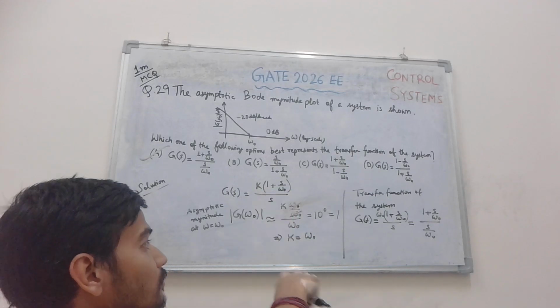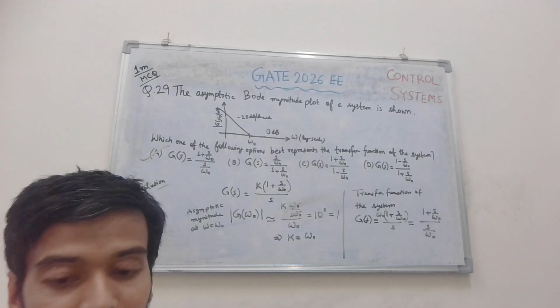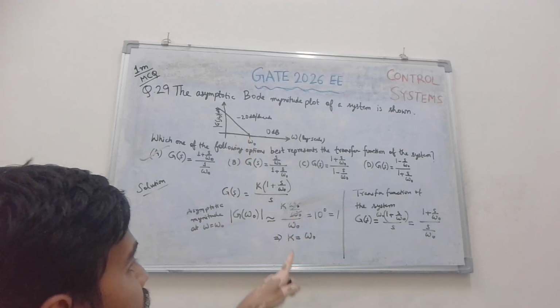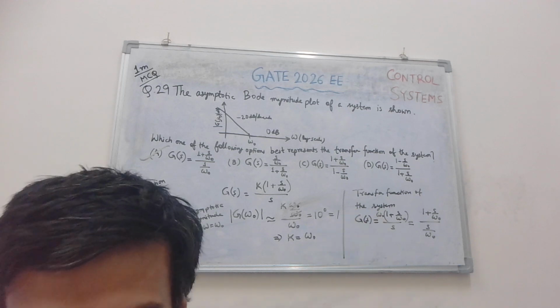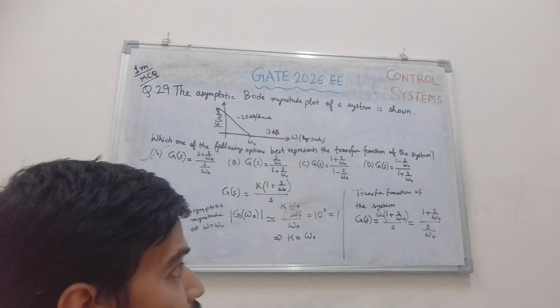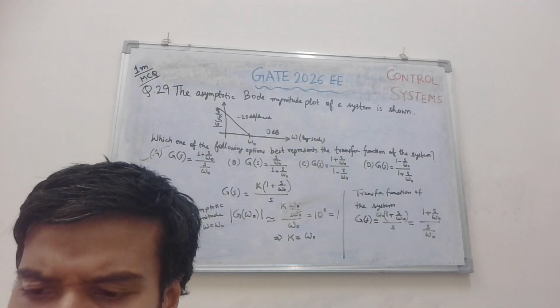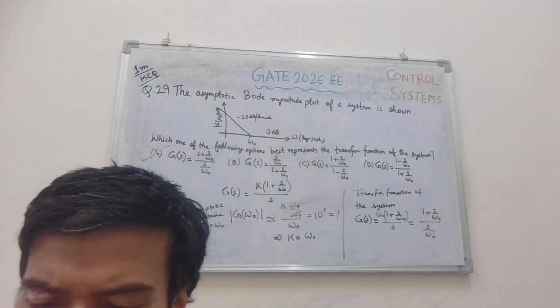Then you put this in the form, do the magnitude, and the magnitude is given as 1 or 0 dB. Then put the value of K to get the transfer function G of s equal to 1 plus S by omega naught by S by omega naught.